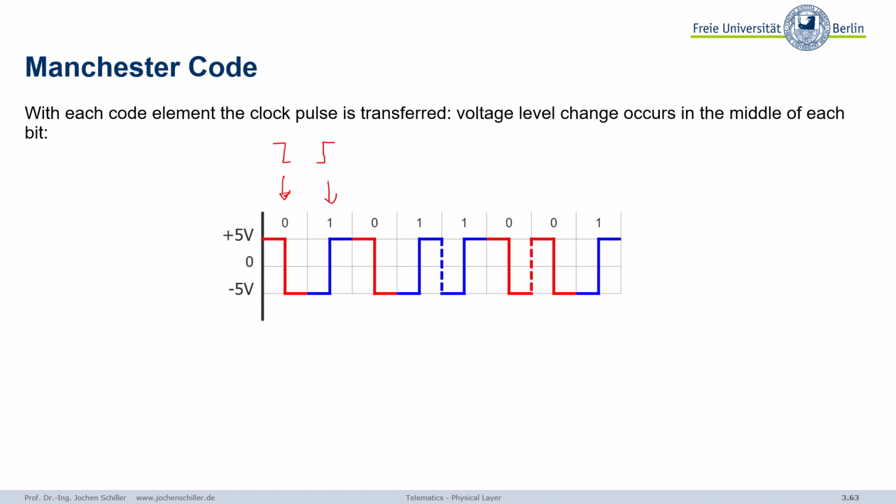So we do not encode our data into the levels, but in the direction of the edges, falling edge or rising edge. So falling edge, rising edge, rising edge, falling edge, falling edge, rising edge. And then, okay, we simply connect these.